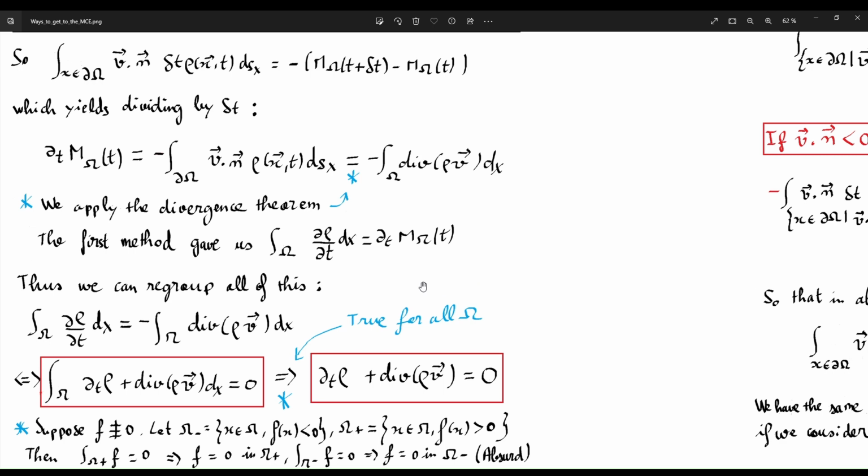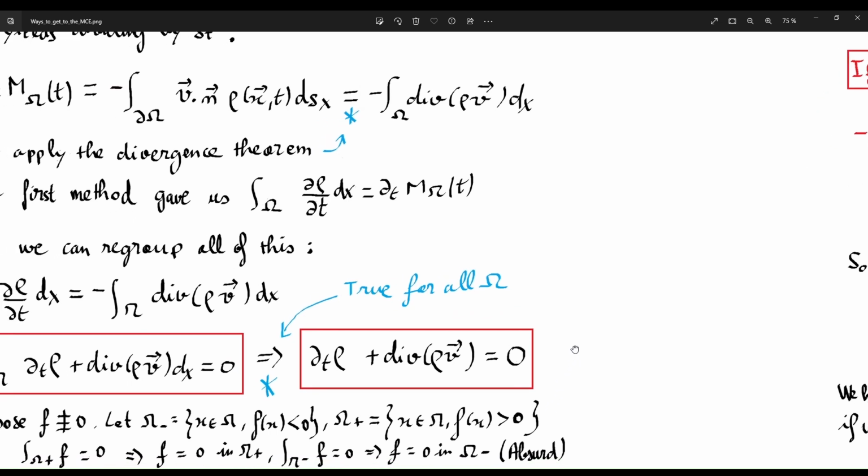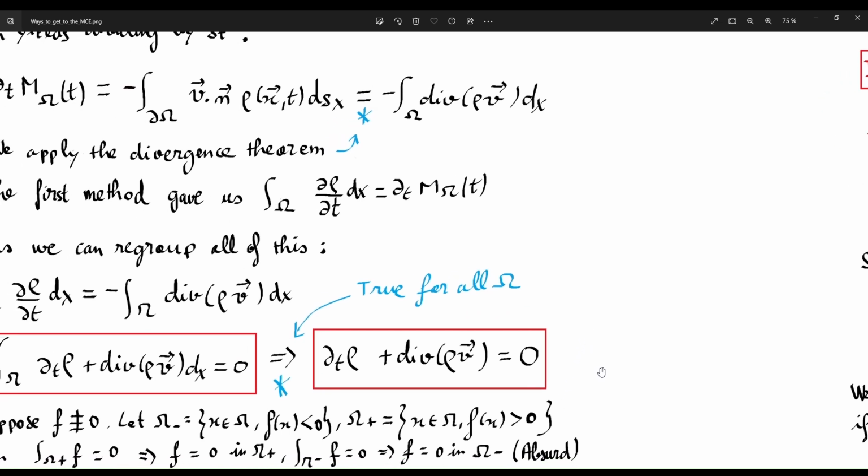We prove this by reasoning by contradiction. Suppose f is not identically equal to 0. Let omega minus be the set of x in omega such that f of x is strictly negative, and omega plus the set such that f of x is strictly positive. Then if the integral of f on omega plus equals 0, it implies f is 0 in omega plus.